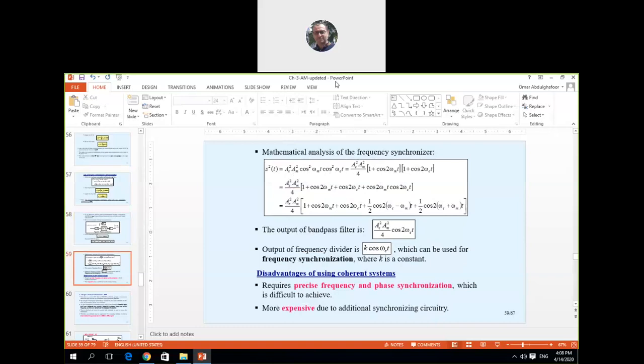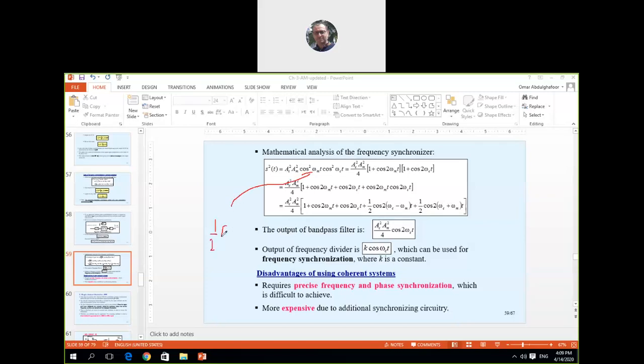By using the relation, cosine squared is one half of 1 plus cosine 2 omega, so since we have half from here and half from the other cosine squared, we have a division by 4.